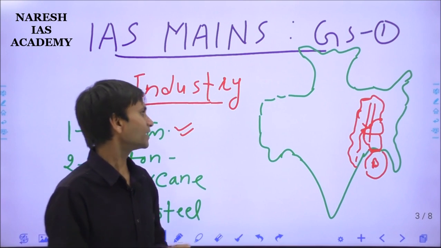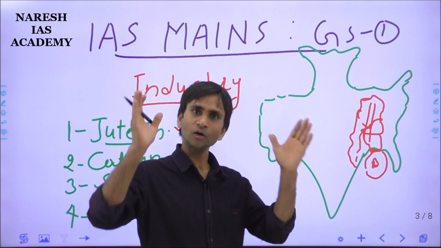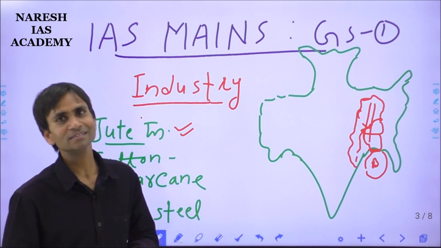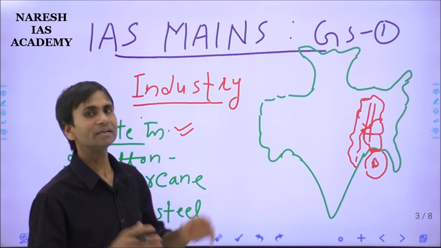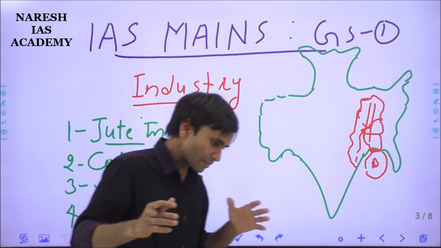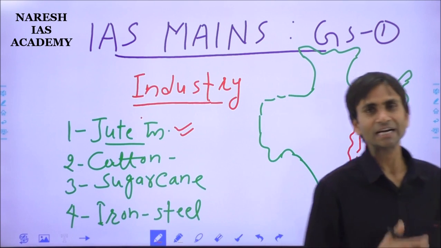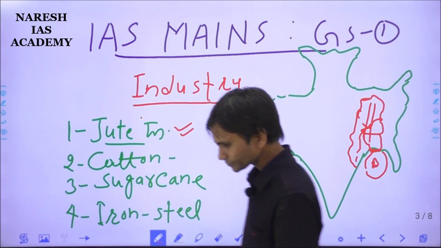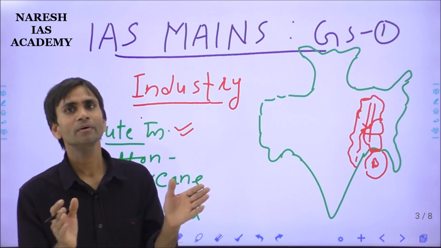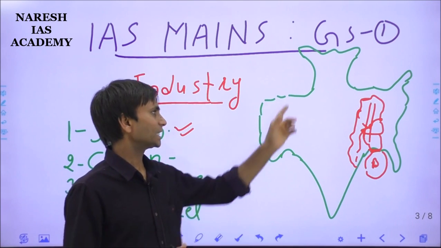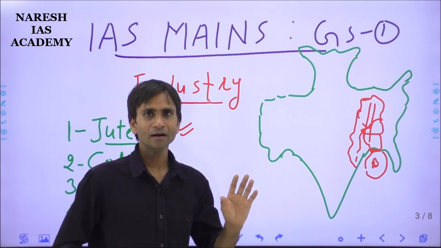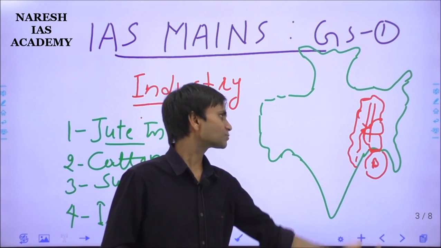Conventionally we can trace the roots of the industry to the British period, when the British government emphasized the sectors, the availability of labor in this area and the transport facility.